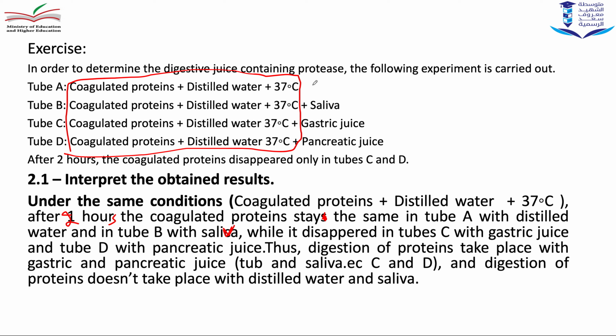So here the coagulated protein stays the same in tube A with distilled water and in tube B with saliva, while the coagulated proteins disappeared in tube C with gastric juice and in tube D with pancreatic juice. So always we have to put with each tube its variable factor. With each tube its variable factor. So is the variable factor clear here? Focus on the variable factor.